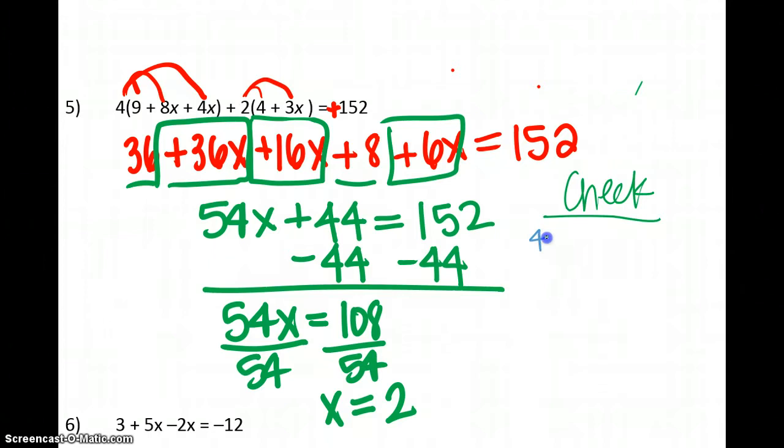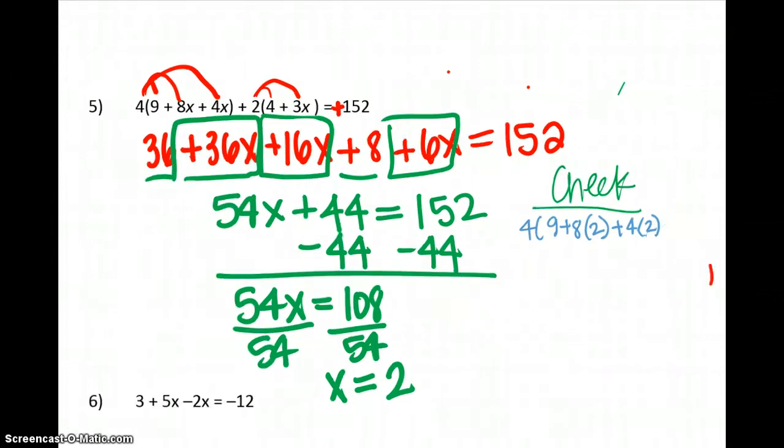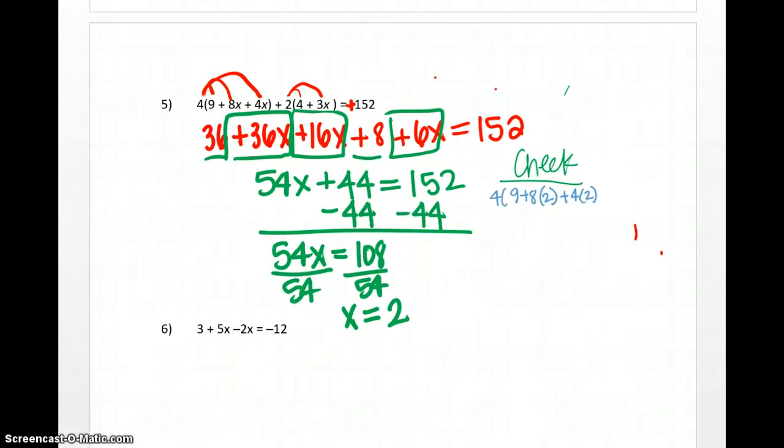Original problem, okay? So 4 times 9 plus 8 times 2, plus 4 times 2, plus 2 times 4 plus 3 times 2 equals 152.